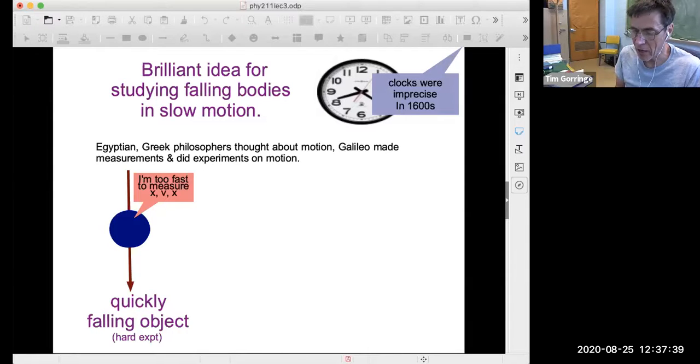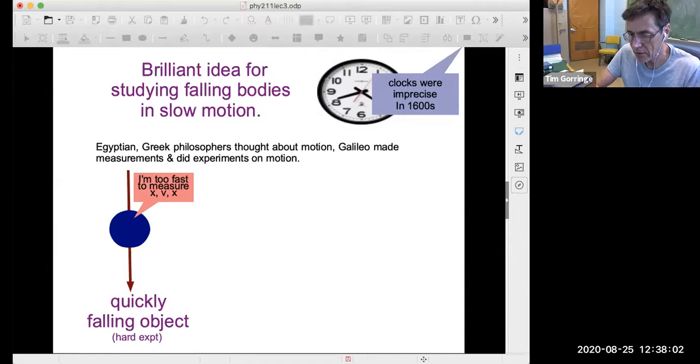It would be very hard for me to measure the speed or the acceleration of that object, because it falls to the floor so quickly. And it would have been especially hard for Galileo 400 years ago to measure the velocity of that object dropped to the floor.